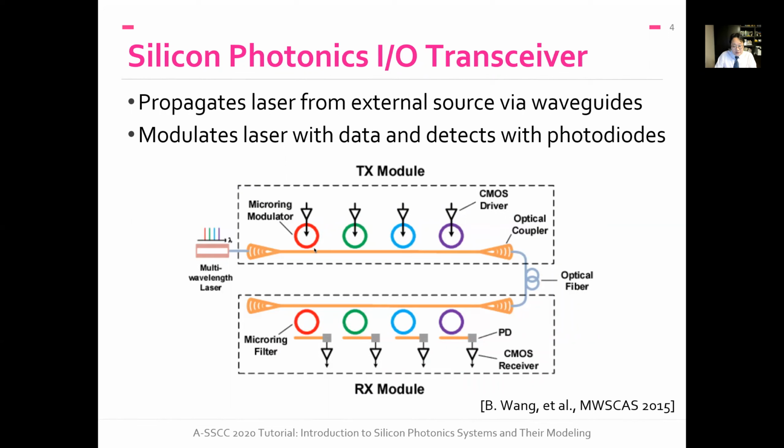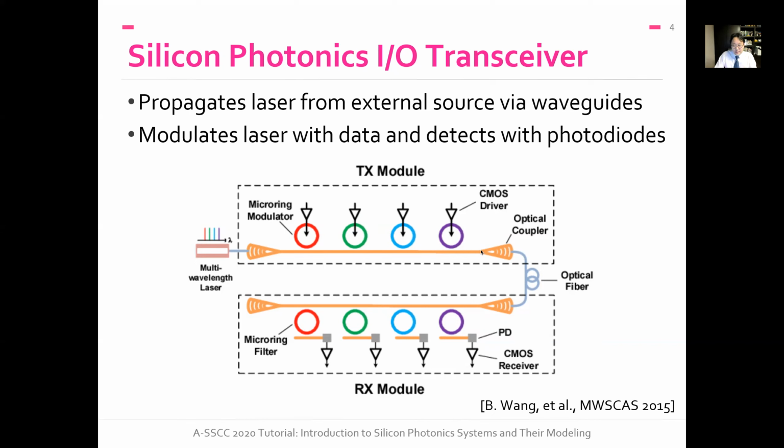The intensity of that laser can be modulated through various means, for example, a micro ring modulator, or maybe a Mach-Zehnder modulator. We'll talk about that later, depending on the digital data that you want to transmit. So after the modulator, you have this laser signal whose intensity is changing over time depending on the data.